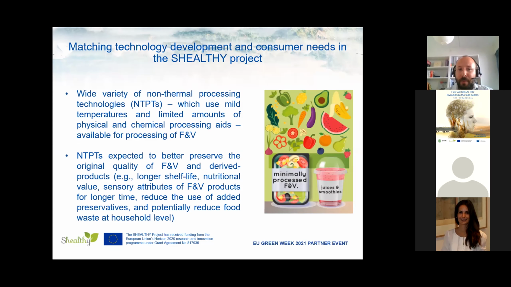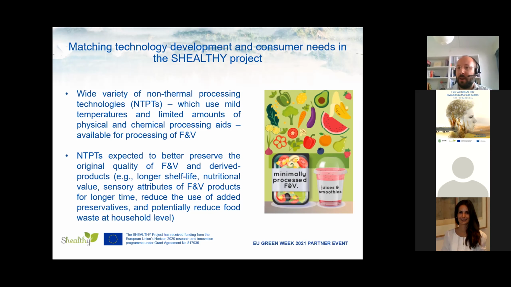And we try to respond to this demand with non-thermal processing technologies, which I think the next presentation is going to go quite in depth with, but generally speaking, refers to processing that uses mild temperatures and a limited amount of physical and chemical processing aids for the processing of fruit and vegetables.